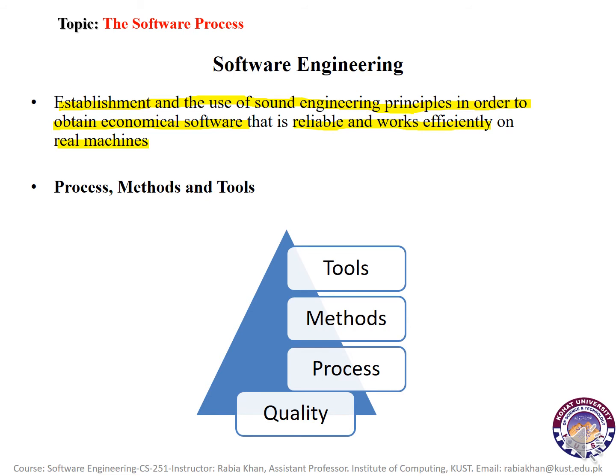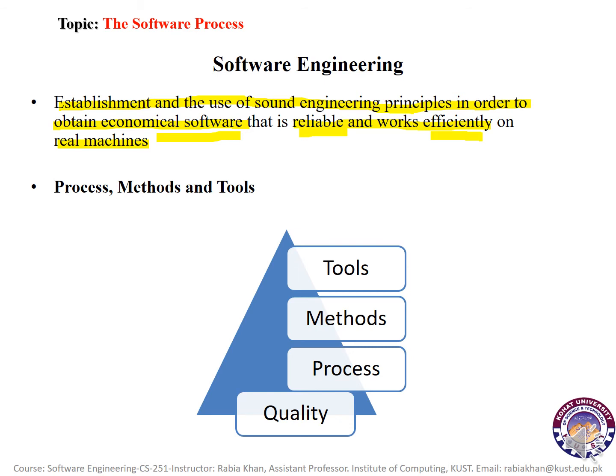So this is the definition of software engineering. Here we need to use sound engineering principles. Why? Because we want to obtain economical software. Economical is a very important term. Economical, reliable and efficient: these three are the characteristics of the software.